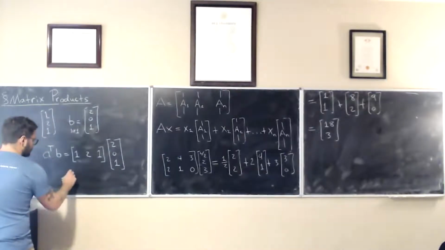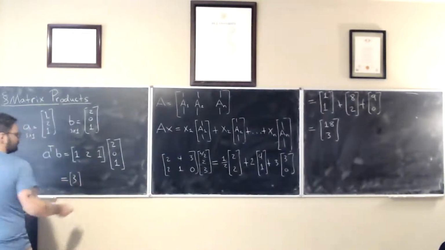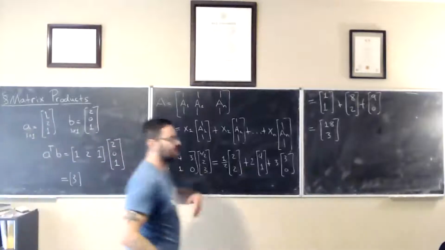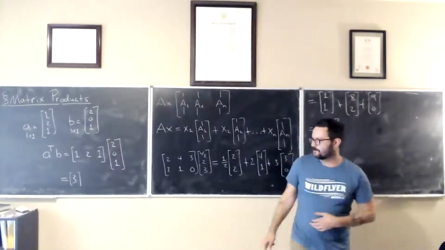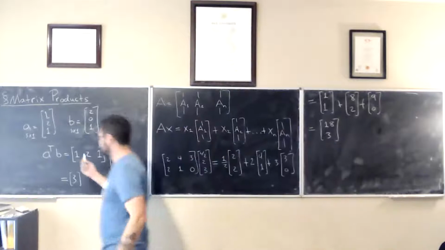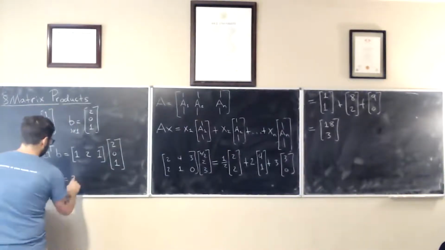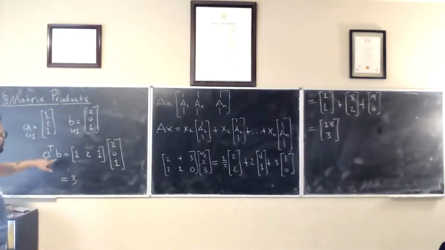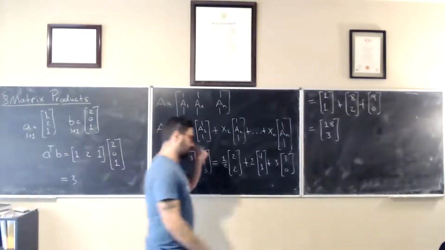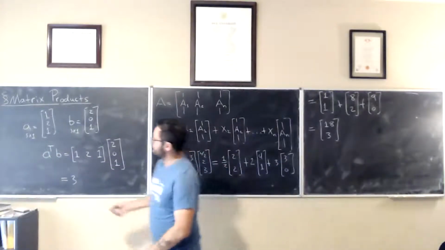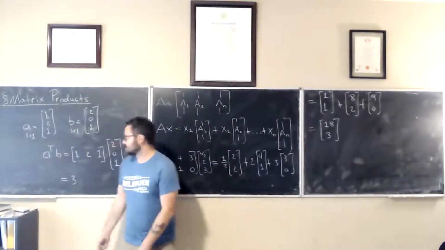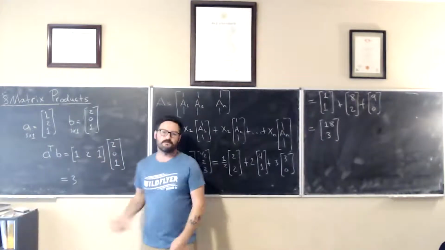You do get a 1-by-1 matrix out of it, but a 1-by-1 matrix is just a number, so it's just 3. That's why we use the notation T, because the inner product between two vectors is the same thing as a matrix vector multiplication.